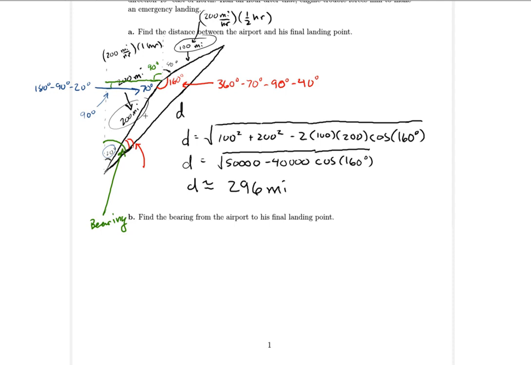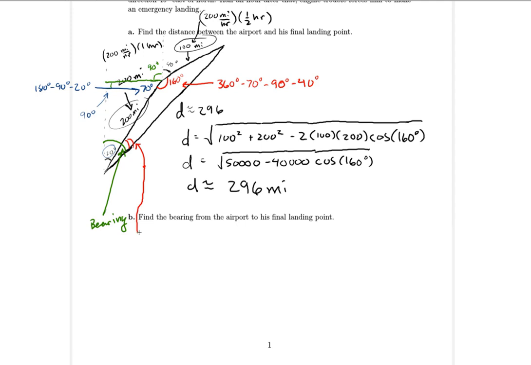Well, at this point, I know all the sides, right? 296 is my distance, so I can use that. When I know all the sides and I know one angle, then I can always find other angles by using the law of sines.